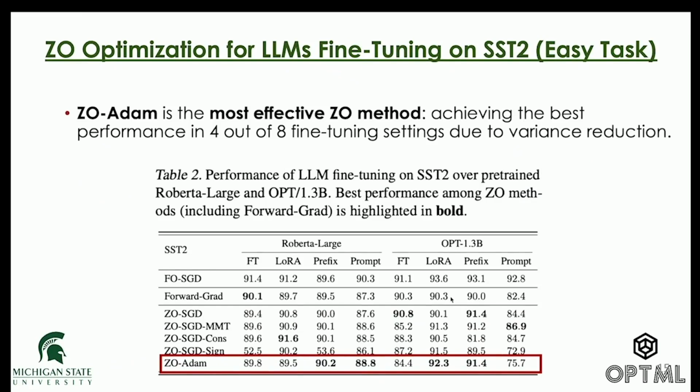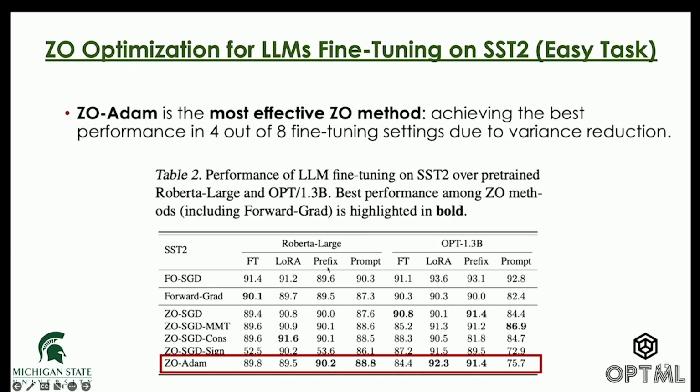First of all, if we look at the family of the Zeroth-Order methods, and if we consider an easy task like SST2, then as you can see, the Zeroth-Order methods typically behave most effectively in maintaining the fine-tuning accuracy compared to the first-order method.